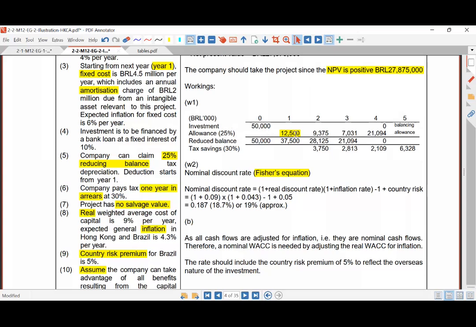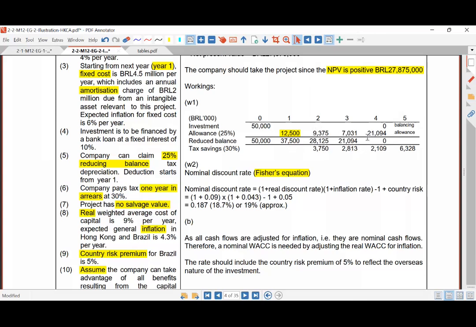Okay, so you are allowed this figure here, and that will reduce your balance to 37,500 because you already claimed 12.5. And then again, you multiply by 25%, you claim another 9,375, that will reduce your balance to 28,125. This figure minus this figure, you get the 28, and so on.